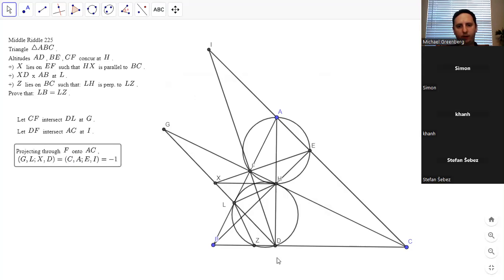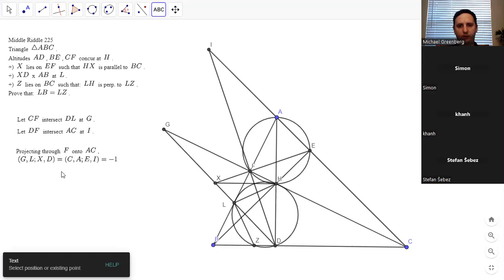So since angle HXD is 90, that means HX bisects angle GHL.